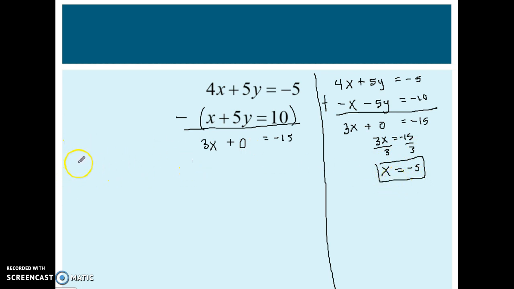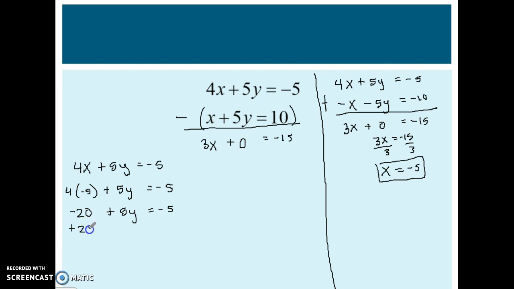So if we plug in negative 5 for x into one of our equations, we would have 4 times a negative 5 plus 5y equals negative 5. And this is a negative 20 plus 5y equals a negative 5.